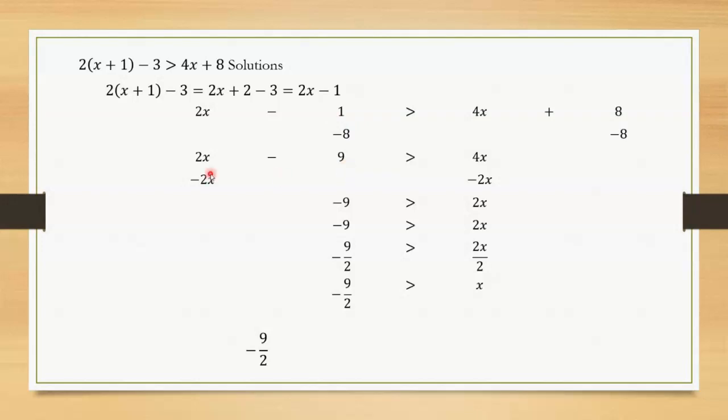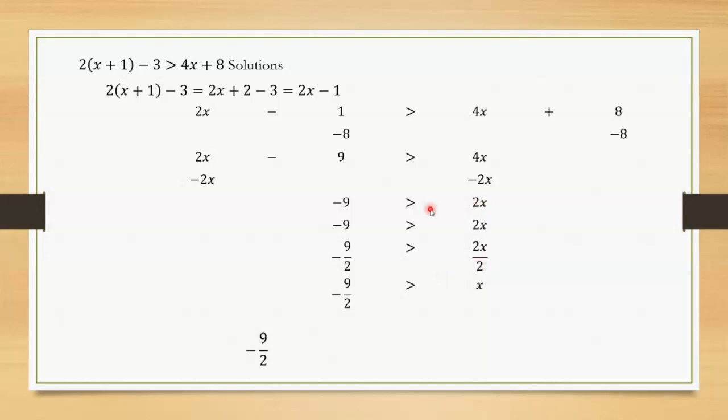Notice next, I'm subtracting 2x from both sides. So here the 2x's is gone, and we get 4x minus 2x, which is 2x. Looking at the bottom, you could probably see why I proceeded this way, because when we divide, we don't have to turn the inequality around.